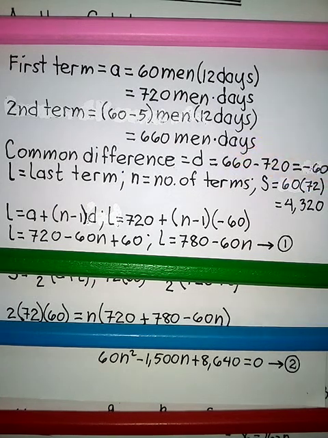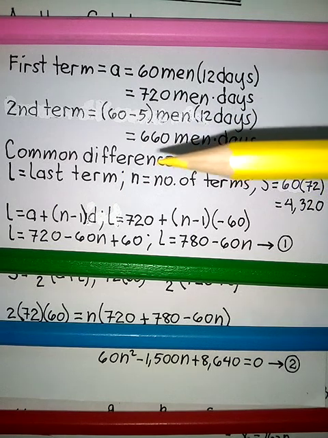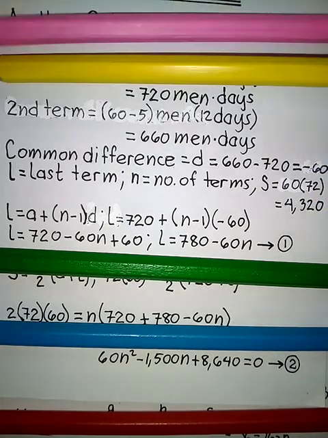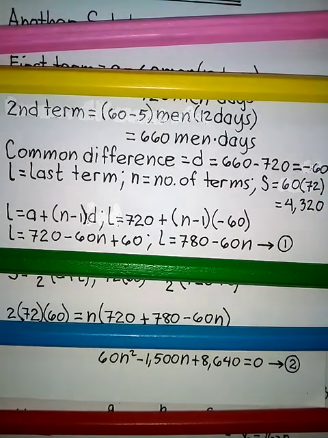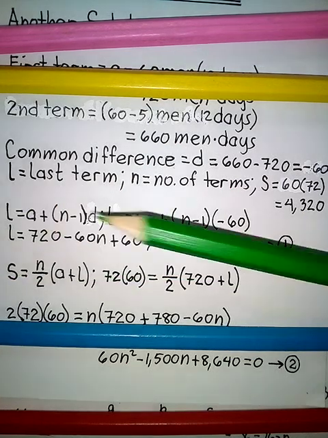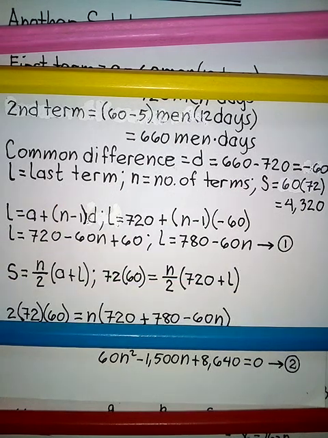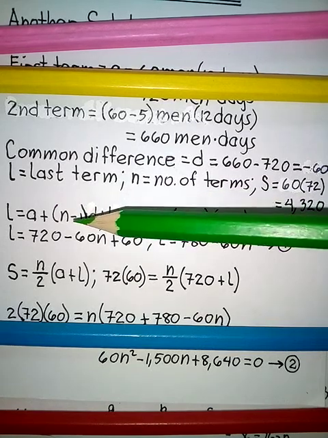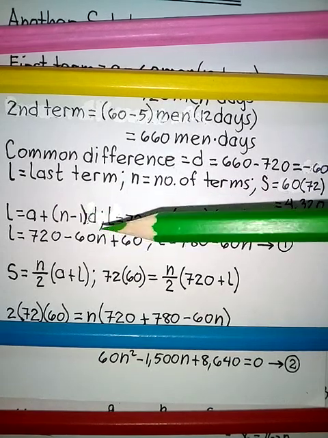We don't have the last term and the number of terms, but the sum is equal to 60 men multiplied by 72 days, which is 4,320 men-days. We have the formula for the last term: A, the first term, plus quantity n minus 1, where n is the number of terms, multiplied by the common difference.